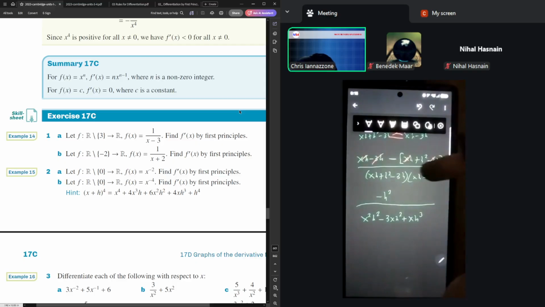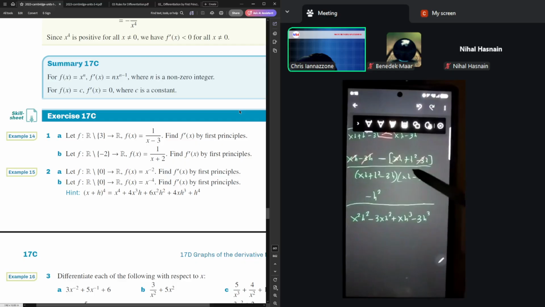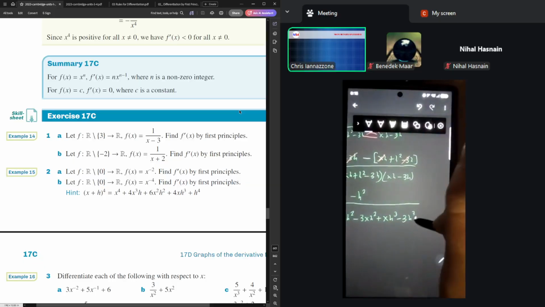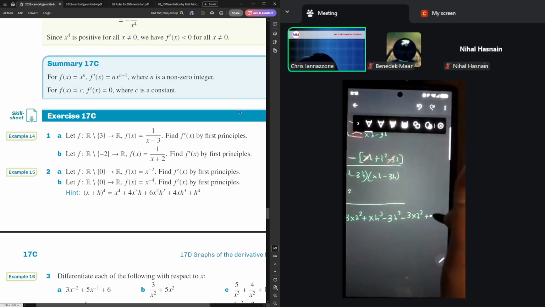H squared and minus 3h gives minus 3h cubed. Minus 3h times xh gives minus 3xh squared. Minus 3h times minus 3h gives positive 9h squared.